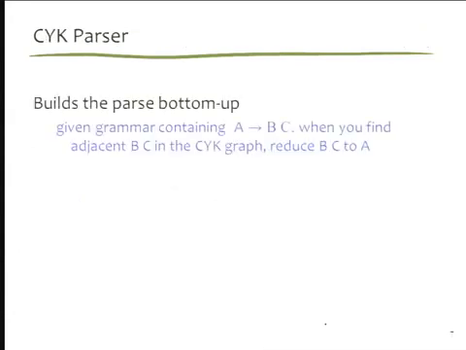So the CYK parser builds the parse tree bottom up. If you have a grammar with such rules, whenever you find BC adjacent in the graph, you reduce BC to A. So these steps are called reductions. We saw the algorithm already in lecture 8, or it is there in lecture 8 somewhere. But knowing this should suffice.